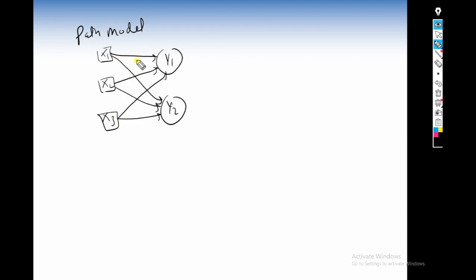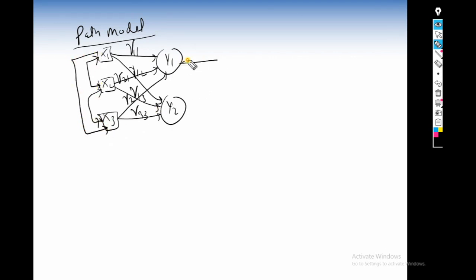These are regression coefficients: gamma 1 1, gamma 1 2, gamma 1 3, and similarly gamma 2 1, gamma 2 2, gamma 2 3. The path model means we combine and also find the relationship among the independent variables, like x1 with x2 and x1 with x3, along with epsilon 1 and epsilon 2.